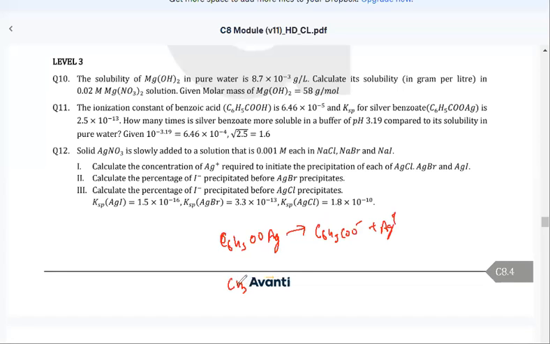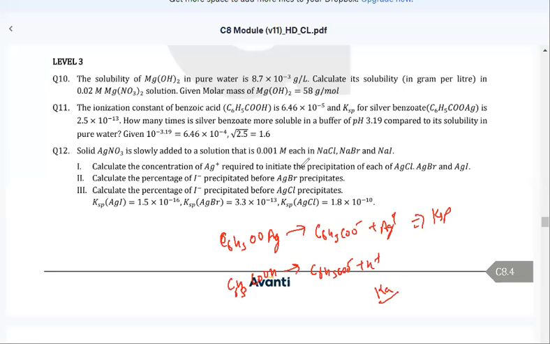Okay, and again C6H5COOH breaks down into C6H5COO minus plus H plus, right? We have these two reactions. Tell me yes or no for this Ka. Right, everyone?